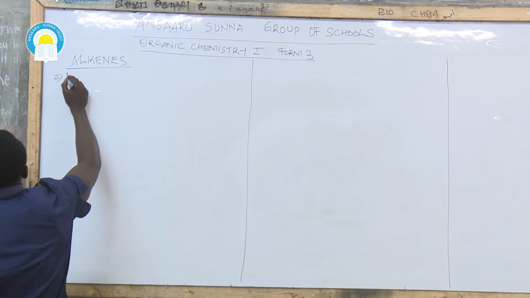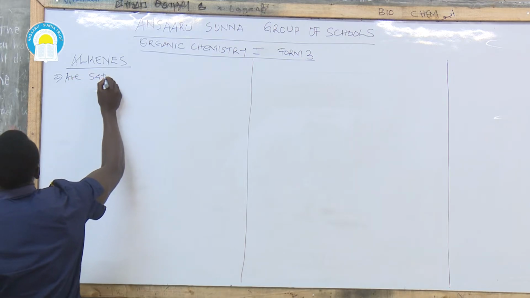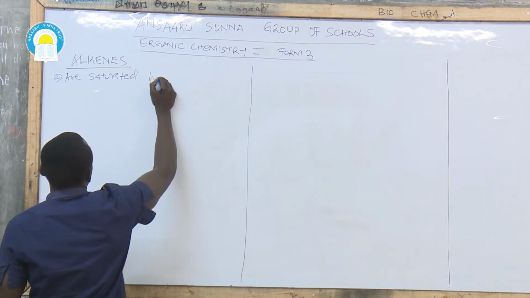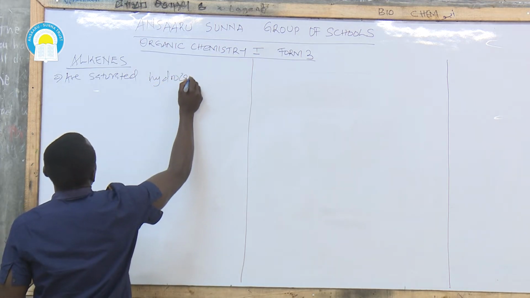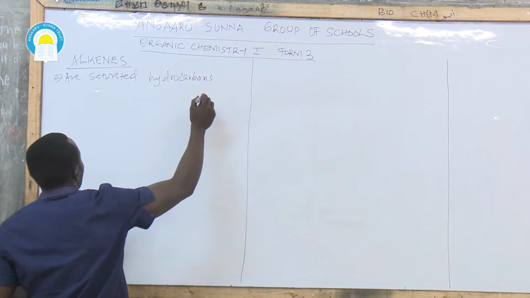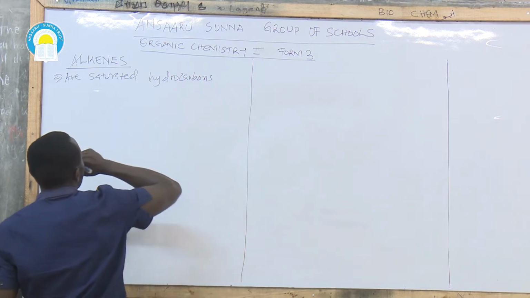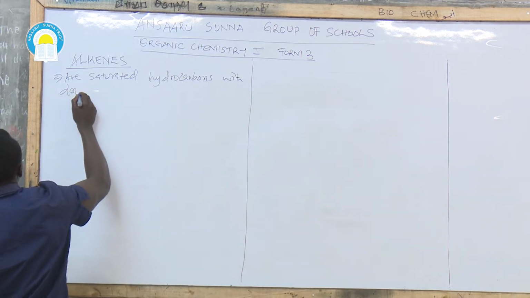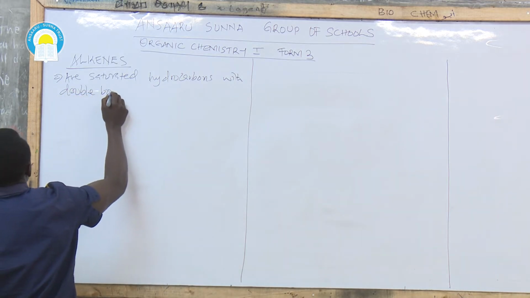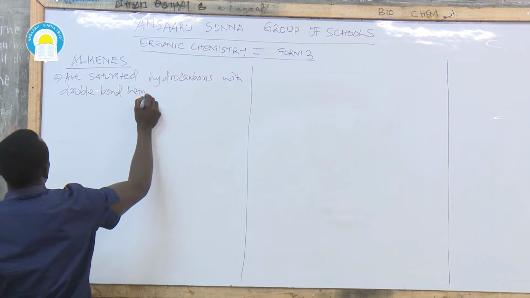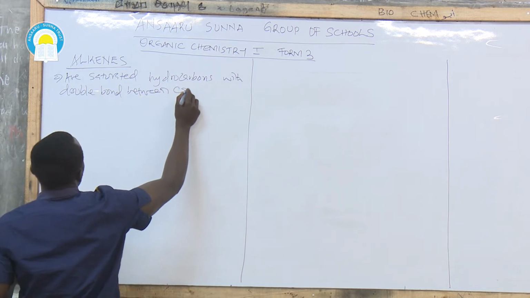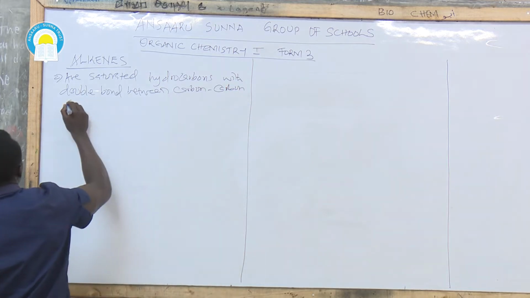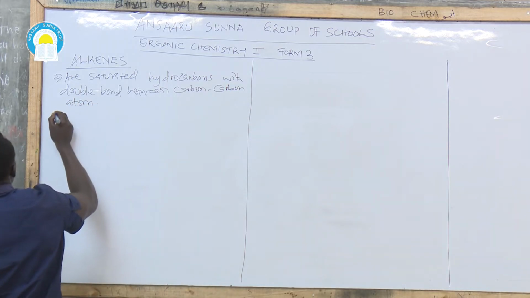So we say alkenes are hydrocarbons with a double bond between carbon atoms.